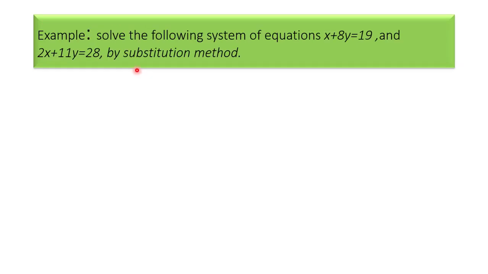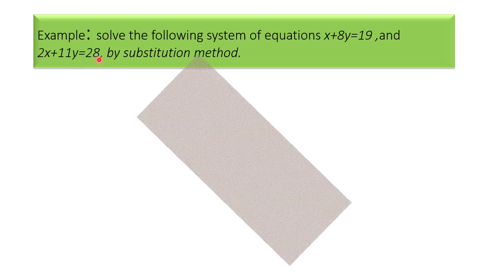In this example, solve the following system of equations, x plus 8y equals 19 and 2x plus 11y equals 28, by the substitution method. There are two equations, x plus 8y equals 19 and 2x plus 11y equals 28, and we use the substitution method.